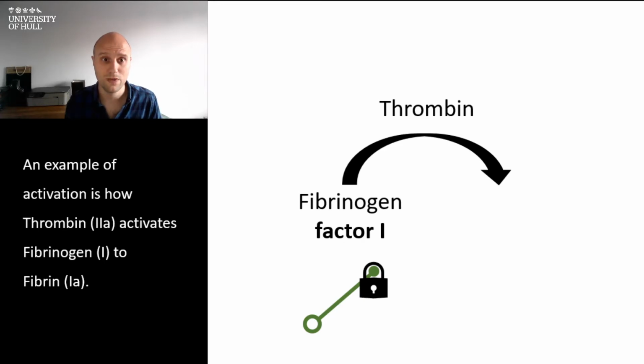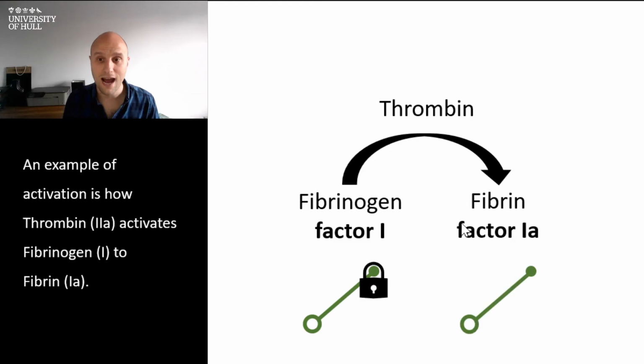This is an example, and it's probably the main reaction that we're heading towards with our coagulation cascade. So the common pathway part of the whole thing, if you like that terminology. So we have thrombin, which is the active form of an enzyme, and it's catalyzing fibrinogen, which is an inactive form that's been released by the liver, and in doing so, it takes away a little lock from this piece of fibrin protein here, to give us our active version of the protein fibrin.